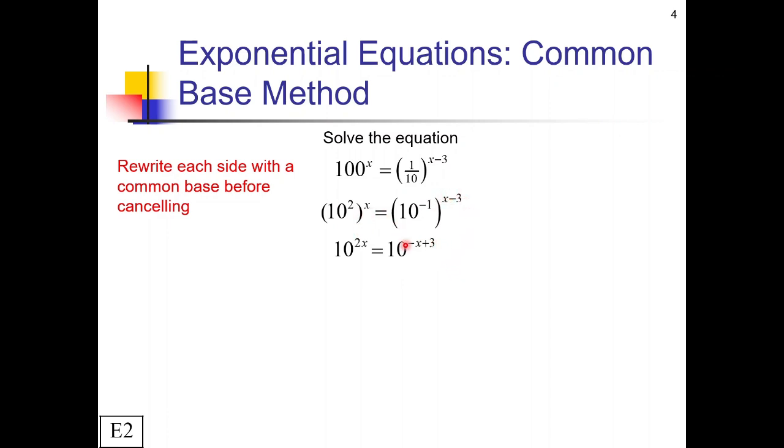Now that I have 10 to the something on each side, I can essentially cancel out the 10s and rewrite this as 2x equals negative x plus 3. And then I can add the x over to the left side to get all the x's together. And dividing both sides by 3, we get the very basic answer for something this complex looking, that x equals 1.